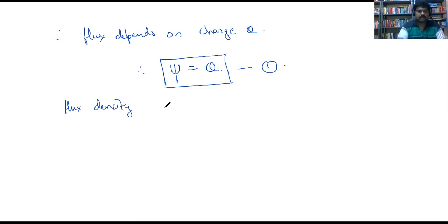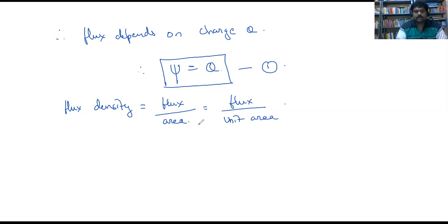Flux density is equal to flux divided by unit area.